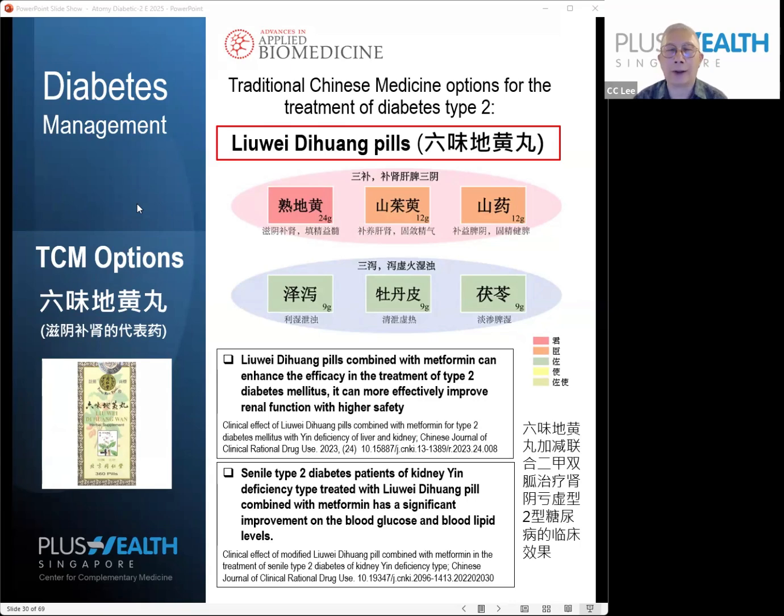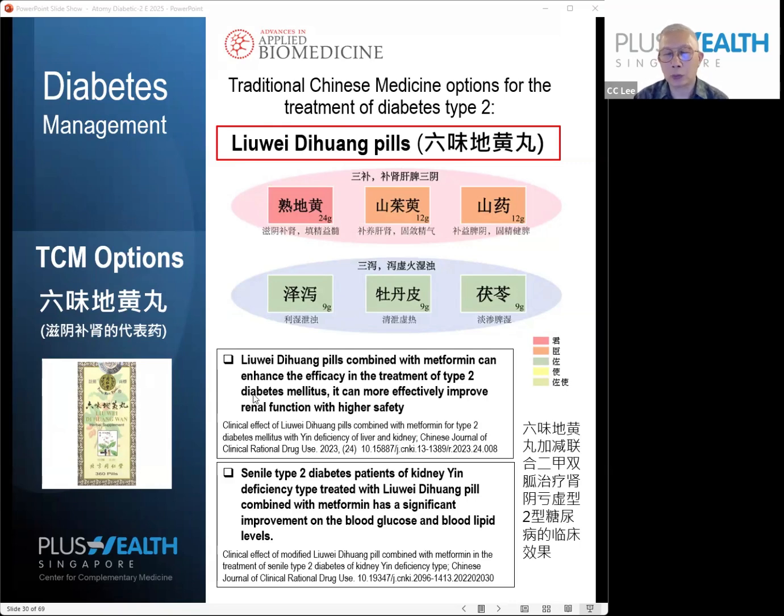But having said that, this medication formulation we call Liu Wei Di Huang Wan is a very famous TCM medication for diabetic management. In fact, it's very often used in combination with metformin to potentiate metformin's effects on diabetic management.